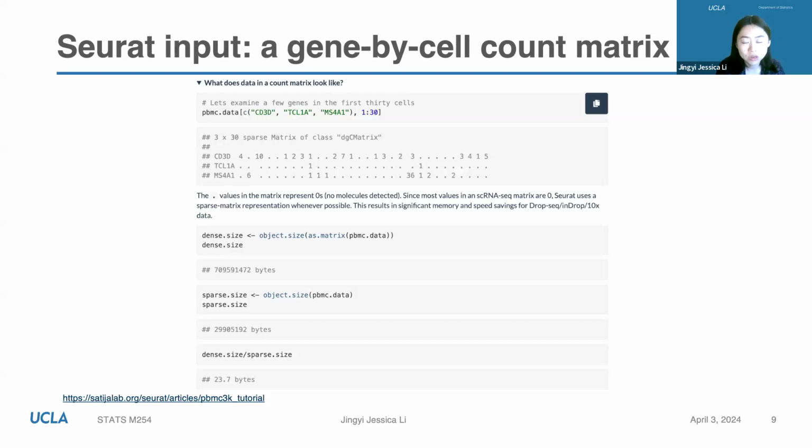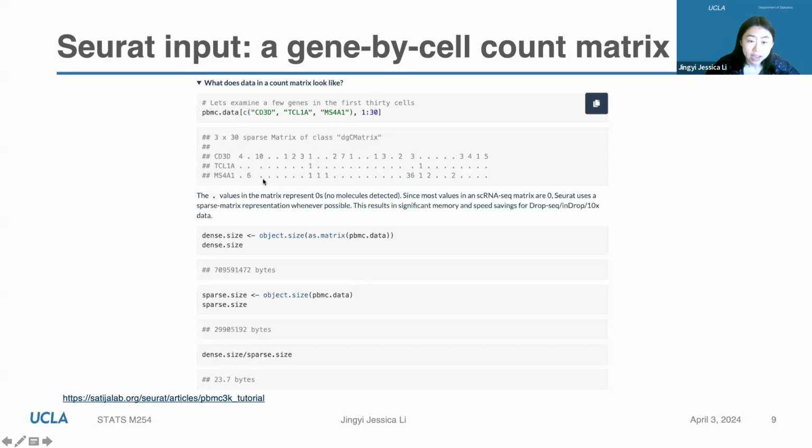So then we use the barcode to tell which RNAs are from one cell or from one droplet. But as we'll see later, a droplet may be an empty droplet, or it may contain more than one cell. These are other issues we need to consider. But for now, you will see people use barcode and cells interchangeably. So here we are just visualizing the first 30 barcodes or cells.